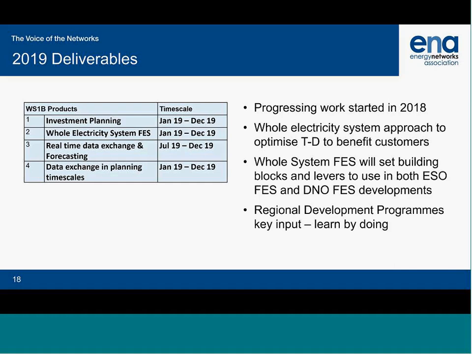We'll be trying to make sure we've got a slick process. We'll also have to identify if there's any code changes required. And we'll be working with products 3-4 in workstream 1B to make sure that we put together a consistent proposal for any code changes.